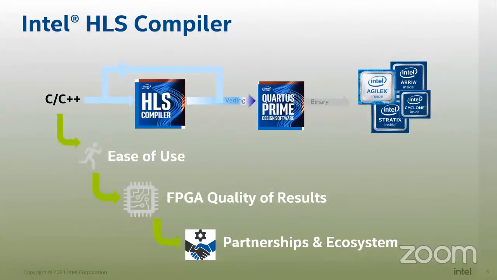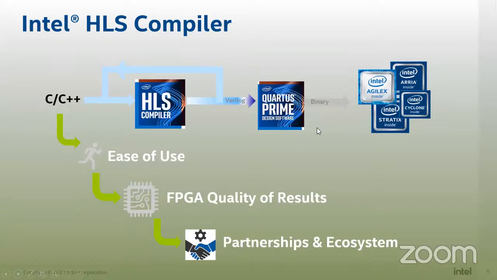What is the flow here? For the past 2 days, the flow was you write Verilog code, or you take the IP and take that to the Quartus Prime design software, generate the binary, and then implement the design. But what we are going to do now is, you have a C or C++ code that will be taken to the HLS compiler, and that will generate the Verilog code.